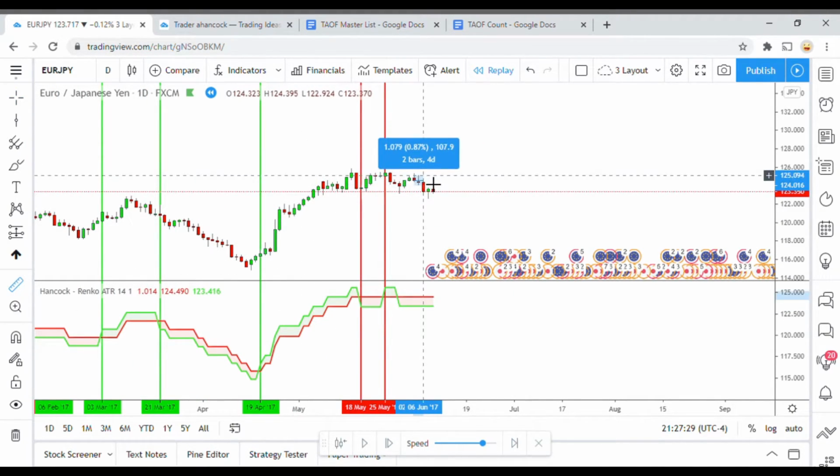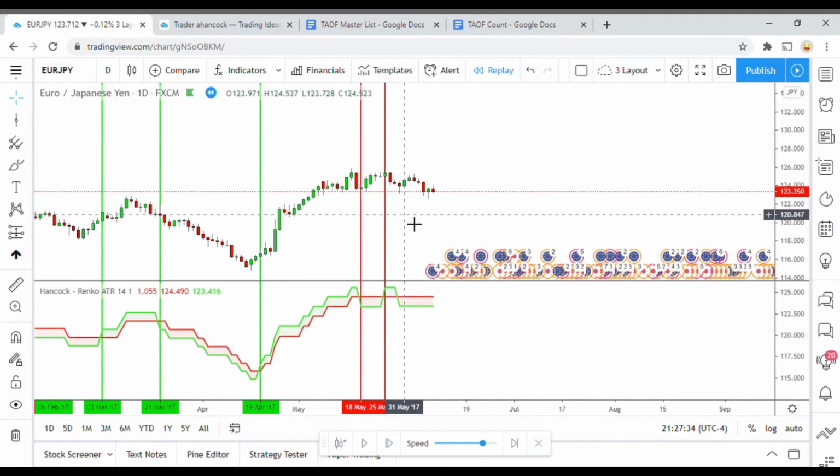$135 is our stop. That is darn close. Let's calculate it out here.